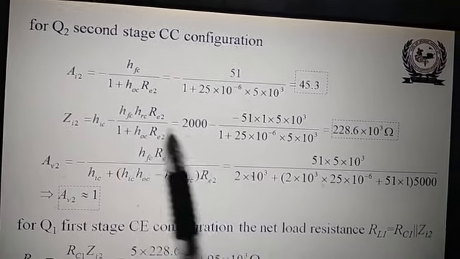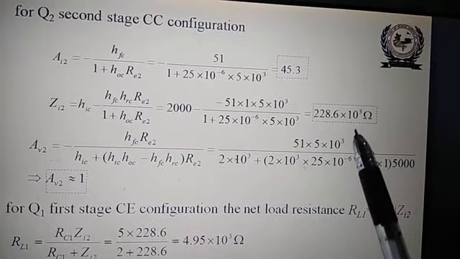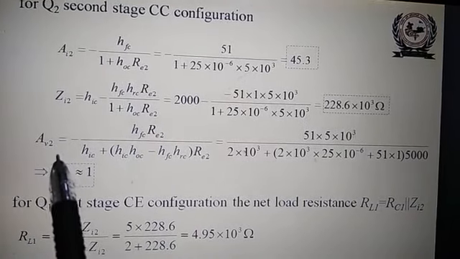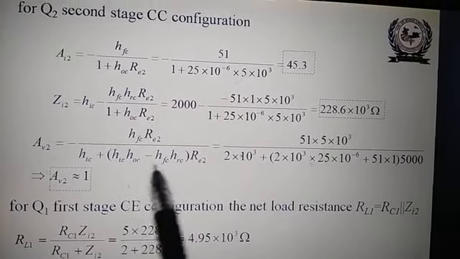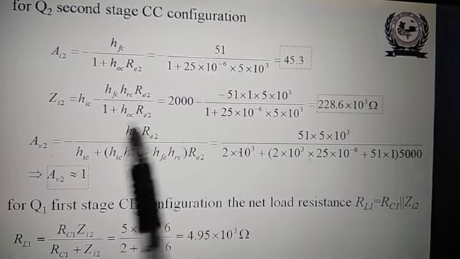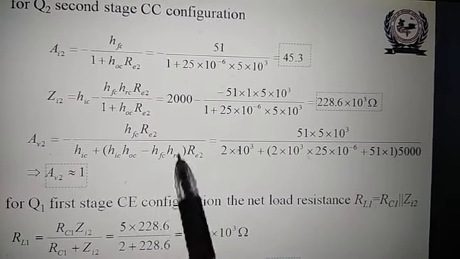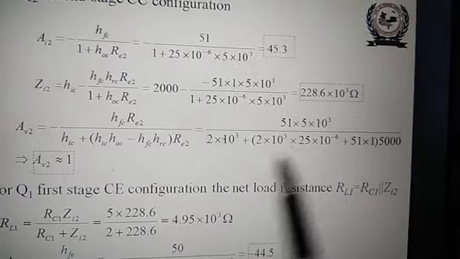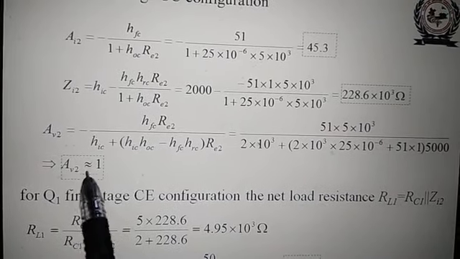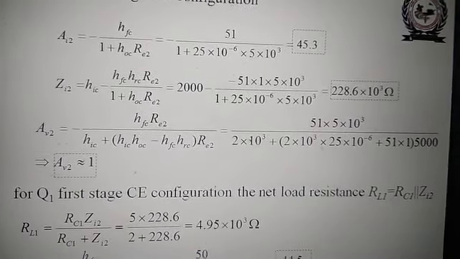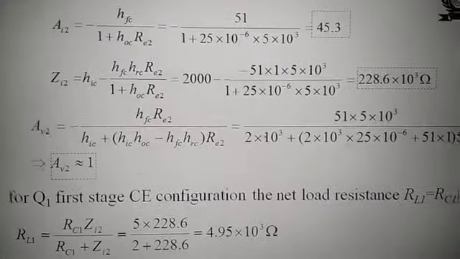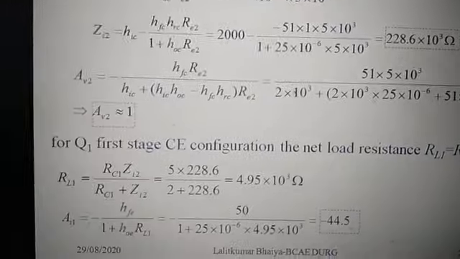This is the formula. You can calculate this input impedance. AV2 is the voltage gain of the second stage. This is the formula for the common collector stage, HFC, HIC, etc. Put the values here and get AV2. Since this is a common collector stage, for common collector the voltage gain is always nearly equal to 1. So AV2 comes to be 1.